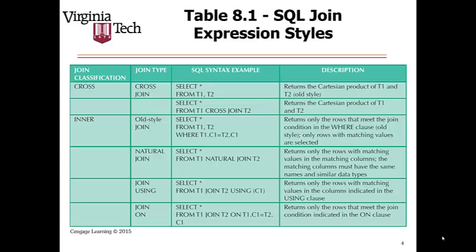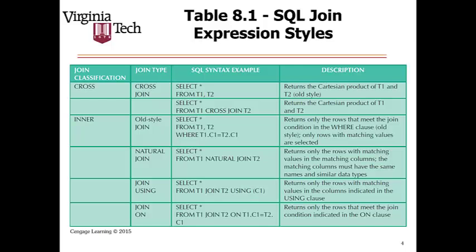Well, I never have used a cross join. I guess it's really just a Cartesian product, which returns all combinations of rows from the two tables. This is not a very common activity.